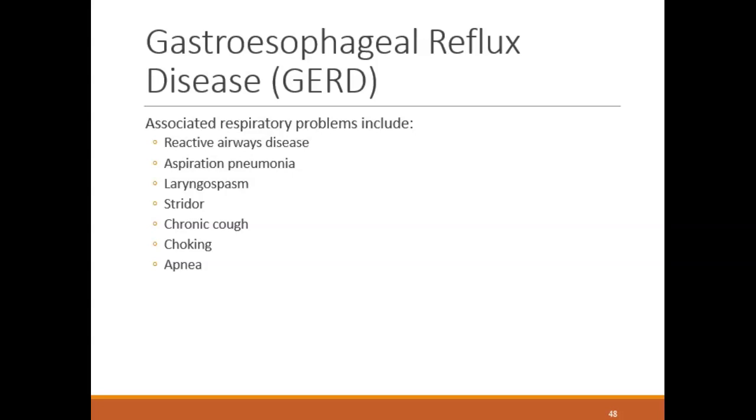When babies do this, they tend to just decide that they're not going to breathe anymore, so they become apneic and their vocal cords close. So there are a couple of different things that can happen with GERD. A lot of times people assume GERD is just for grown-ups, but a surprising number of children will have it as well.